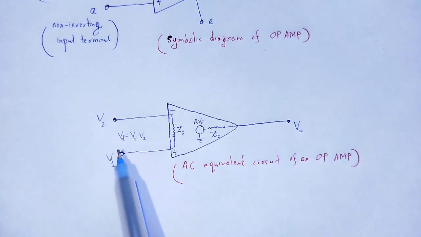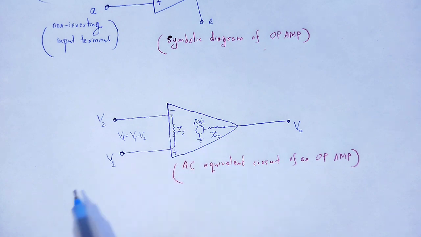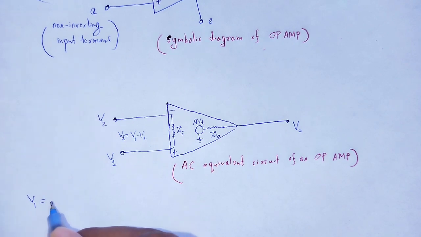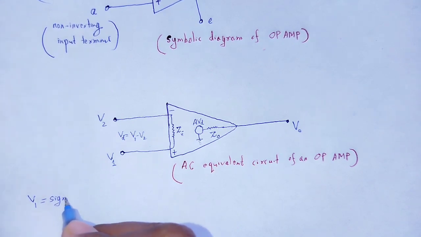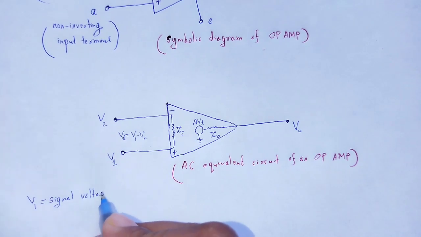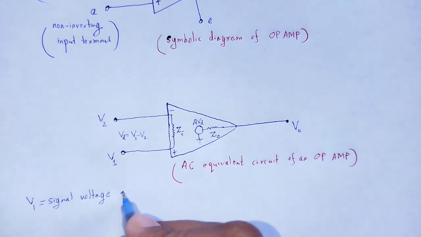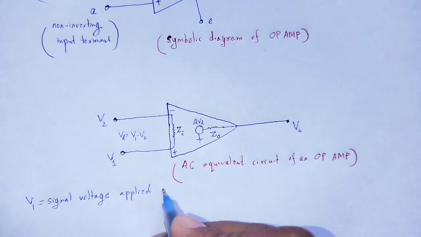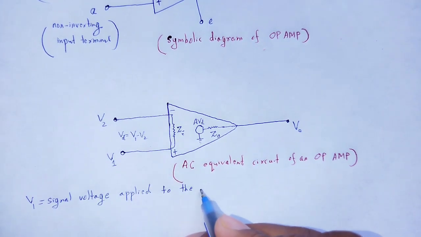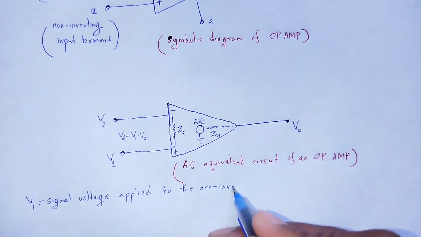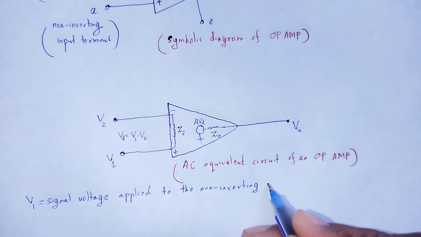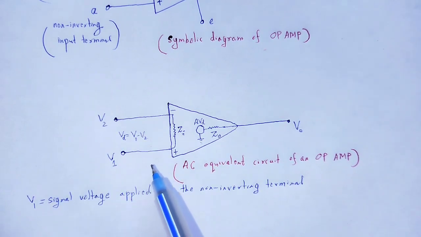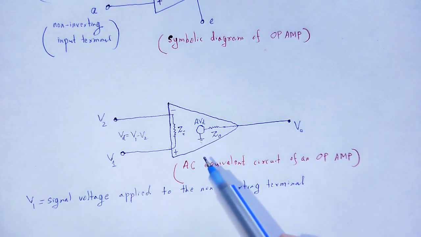Look here, V1 is the signal voltage applied to the non-inverting terminal. Why is it called the non-inverting terminal?